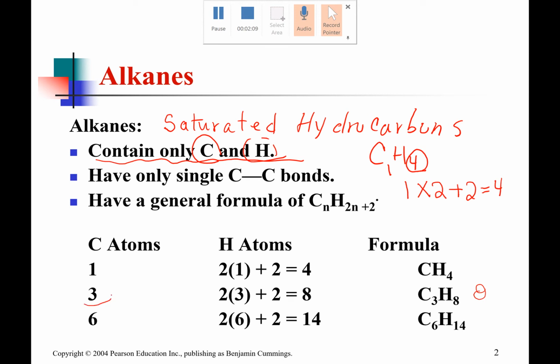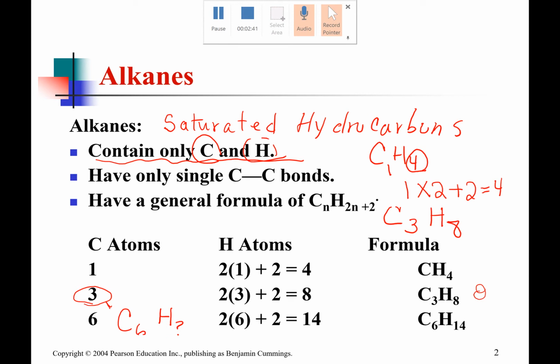Or if you have 3 carbons, take the number of carbons, 3, multiplied by 2, and add 2, and you are going to have 8. So if you have 3 carbons, you're supposed to have 8 hydrogens. And what if you have a structure of C6, how many H?